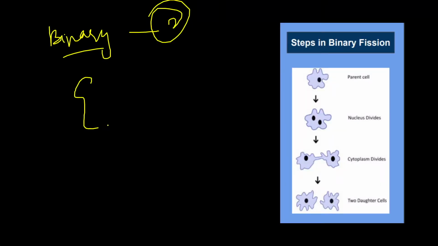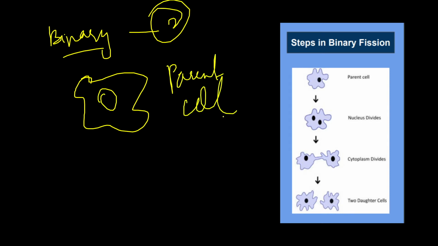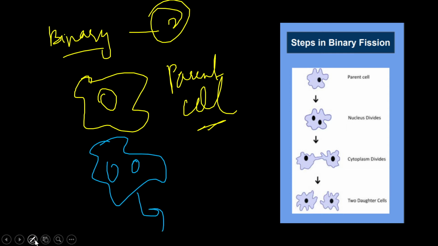So if this is my amoeba, let's say this is the mother amoeba, the parent cell, right? Now what happens? The first step which takes place is that the nucleus divides. This one nucleus divides into two, right? And after the nucleus divides, we have the division of our cytoplasm, because of which we have two separate amoebae.